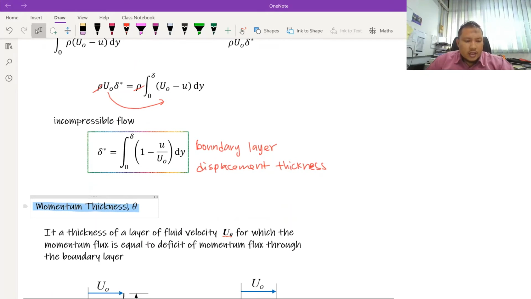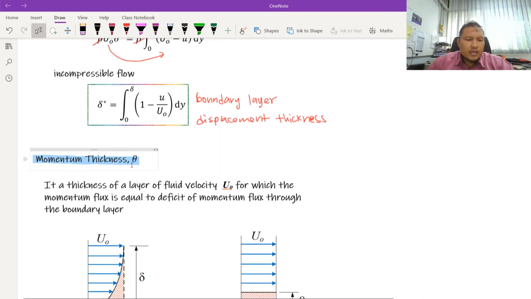All right, next is another definition, quite common for free shear flow or wall-bounded shear flow. We are looking at the boundary layer, and in the boundary layer there is the momentum thickness. The momentum thickness is essentially a quantification of the amount of vorticity activity taking place within the shear flow, and it is a length scale.